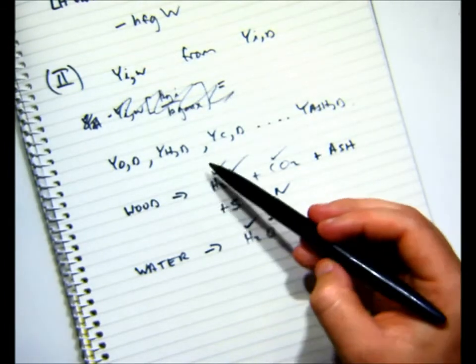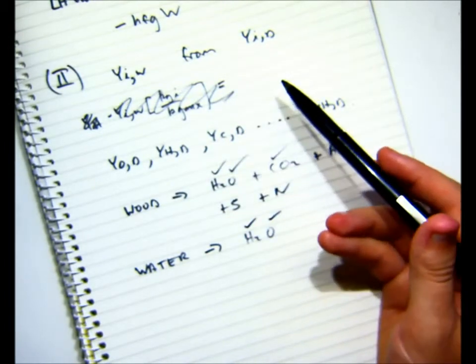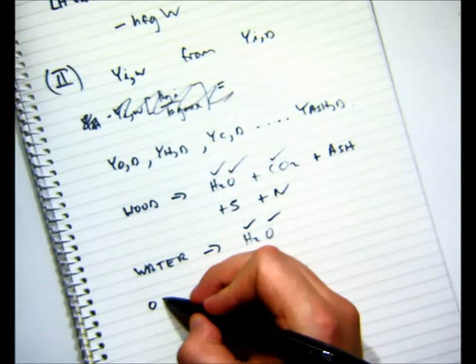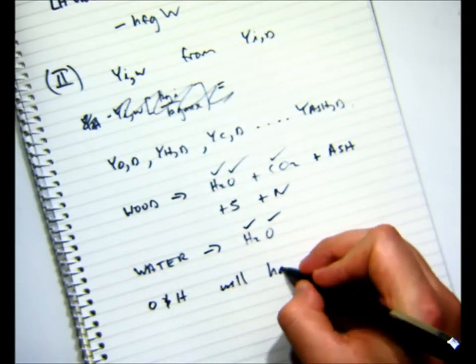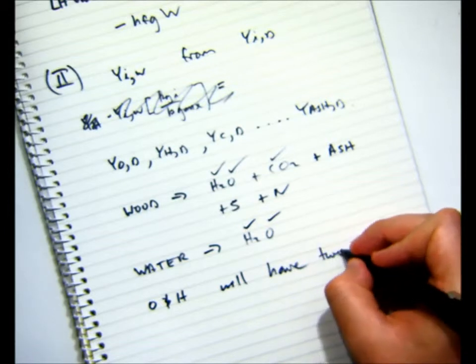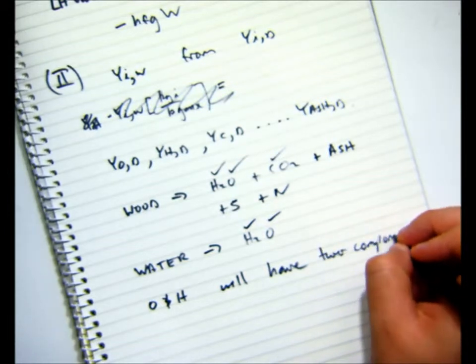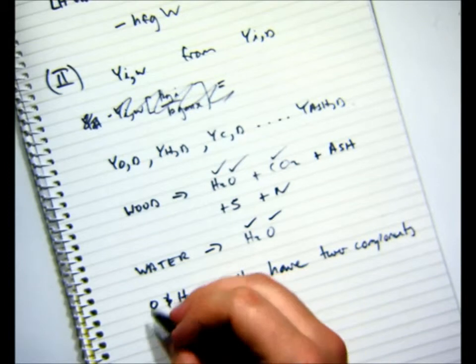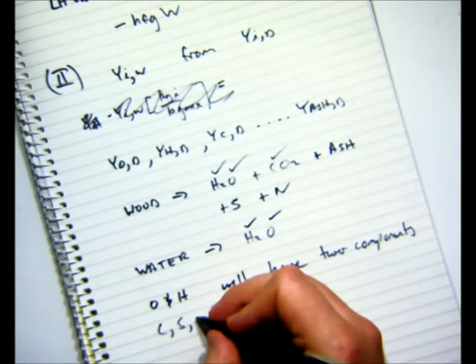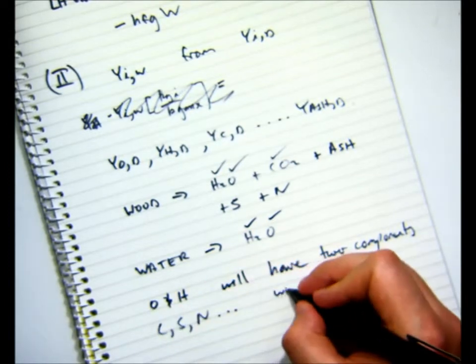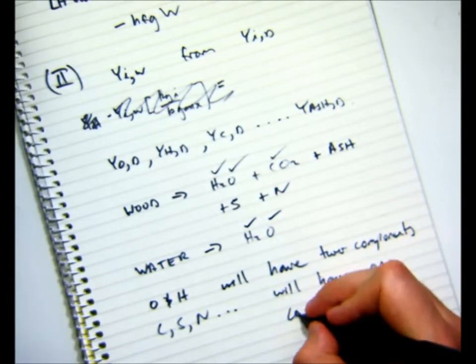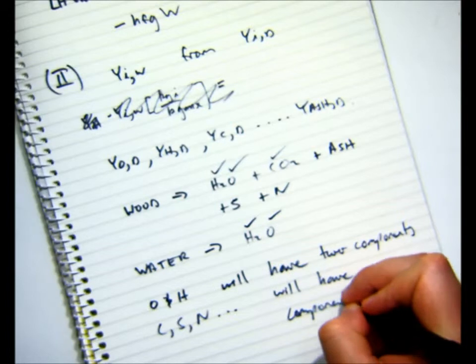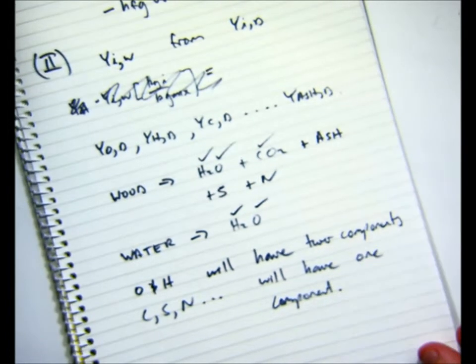So when you're converting these mass fractions, O and H will have two components. C, S, N, etc. will have one component. So we'll do these first because they're a bit easier.